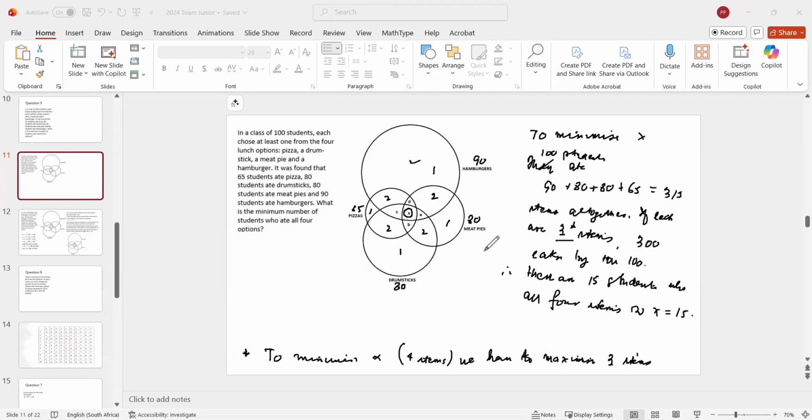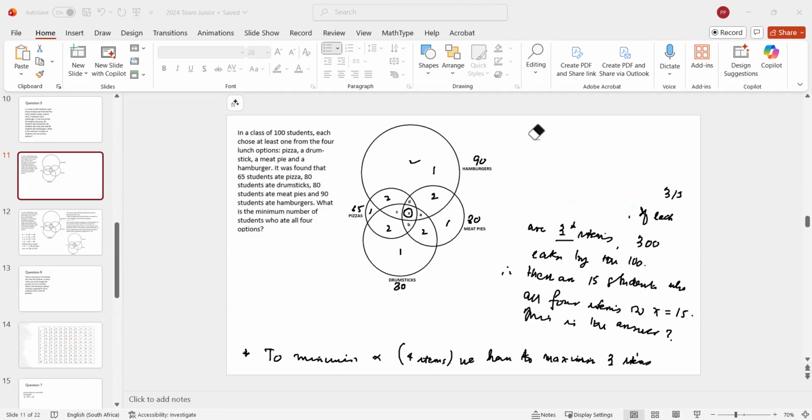Now, we know the answer to the minimum number. So that's the answer. But there's a huge challenge here, which might not be noticeable. I'm going to put a question mark here because how do we know that we can actually populate these with numbers so that you get 65 eating pizzas, 90 eating hamburgers? What's the value of A, B, C, D? Sometimes you might not get any solutions.